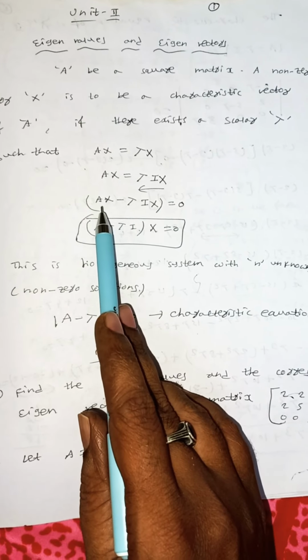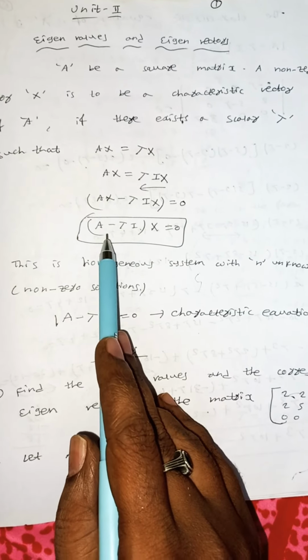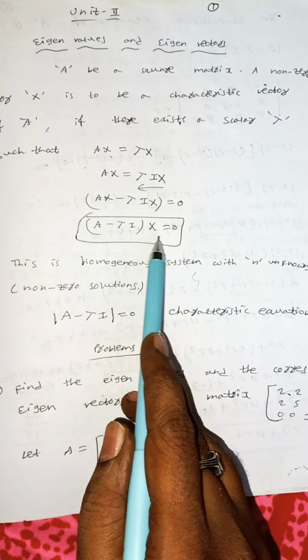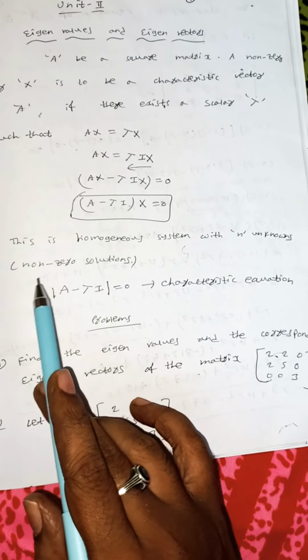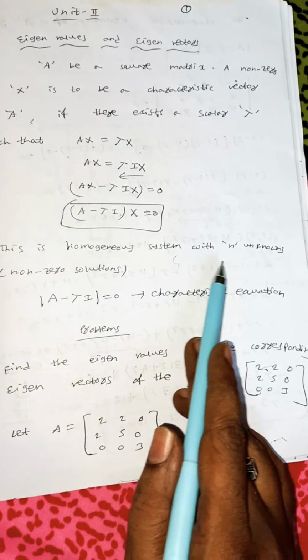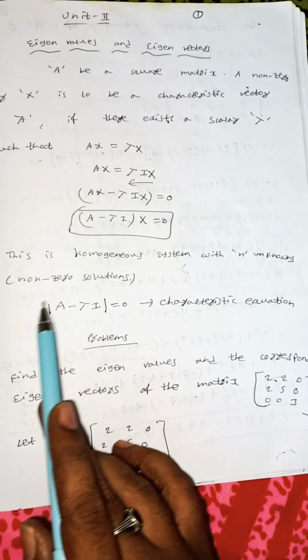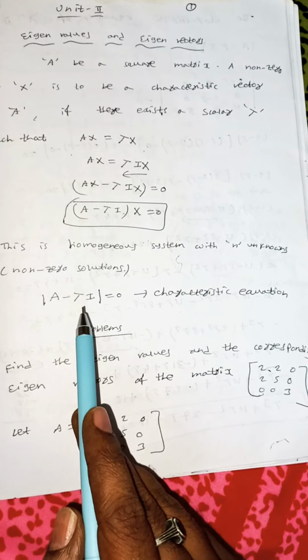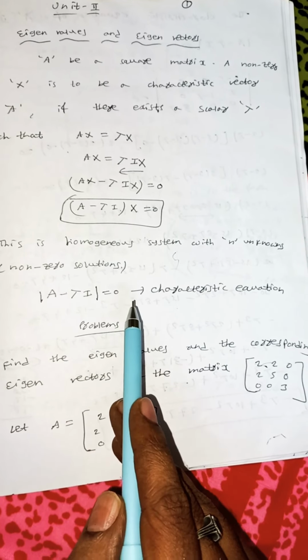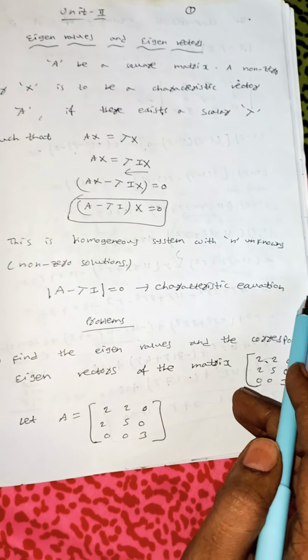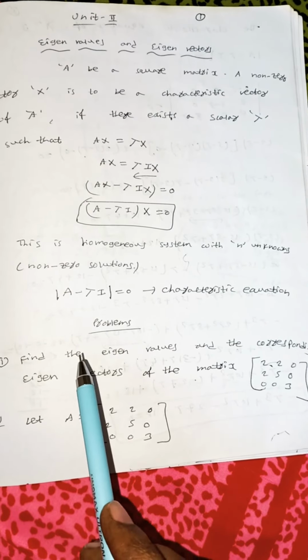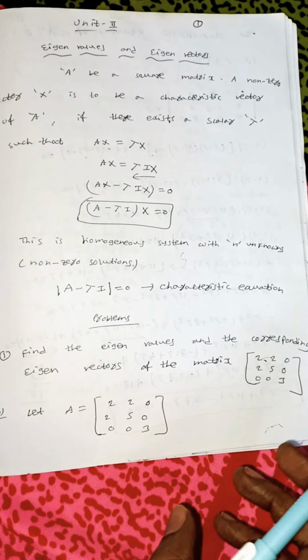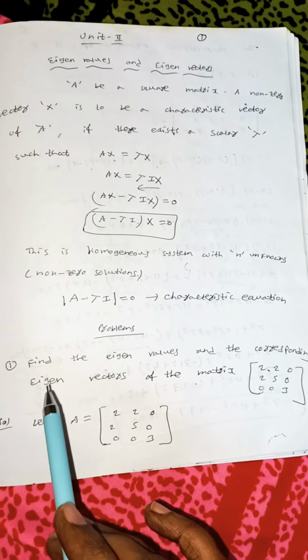In these two terms x is common, so (A minus lambda I) x is equal to 0. This is known as a homogeneous system with n unknowns, having non-zero solutions. So the determinant of A minus lambda I is equal to 0, which is called the characteristic equation. This is very important in your semester.